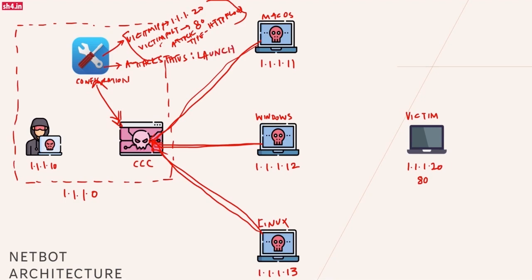The CCC reads the configuration and sets the attack flag to on. The connected bots read this information from the CCC and prepare to start attacking the victim.